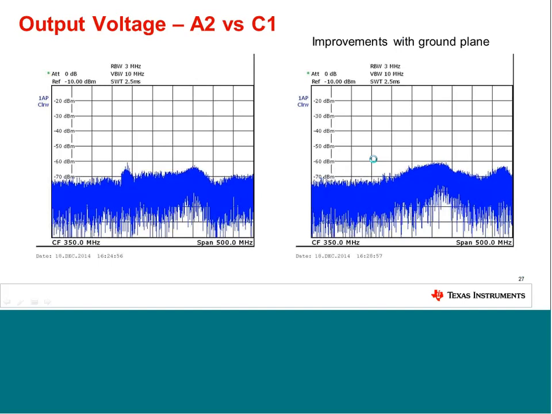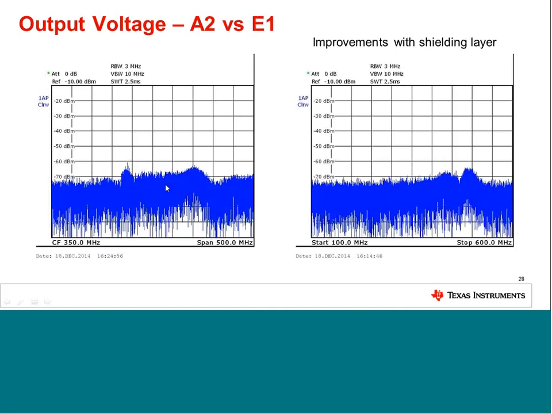If you compare version A with the decoupling capacitor to version C with the ground plane, you can see that even if you're not assembling this capacitor, you're almost on the same level.